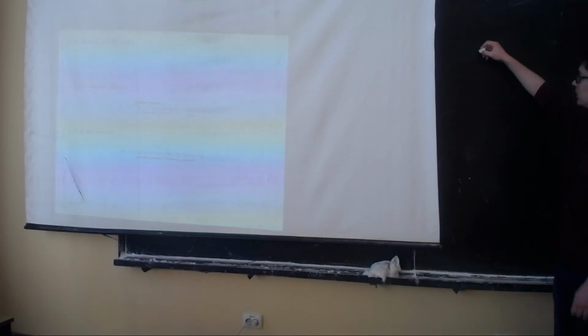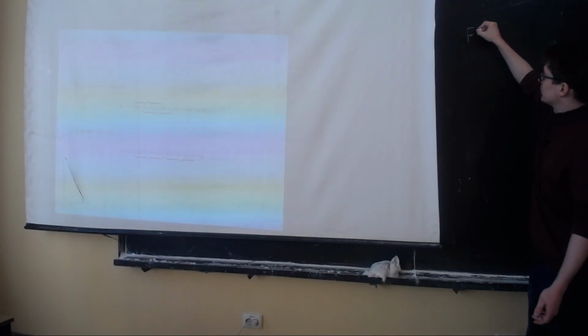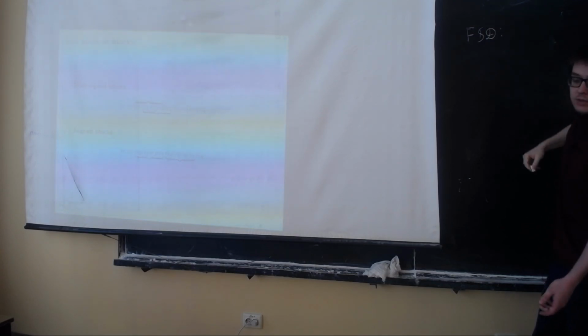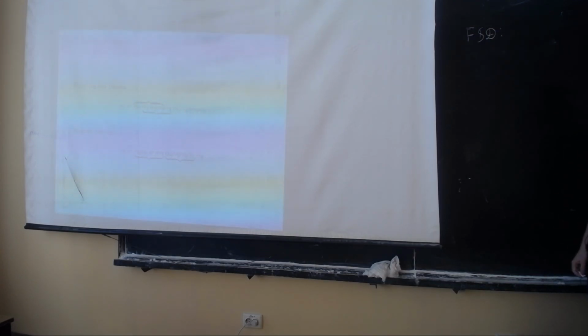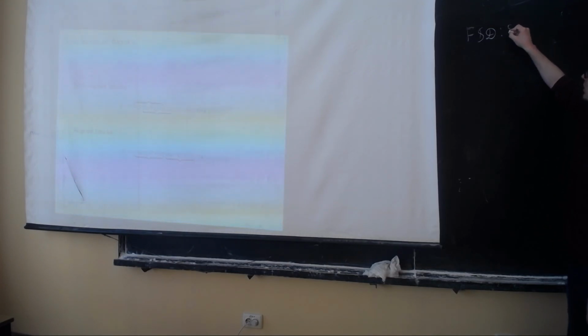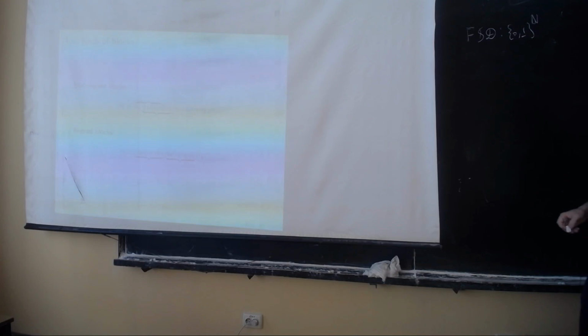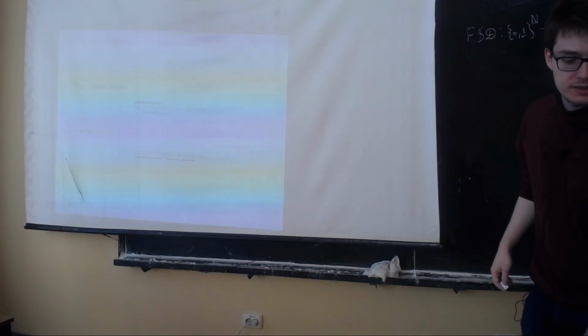Finite state dimension can be considered as a function which maps to each infinite sequence of zeros and ones a real number from 0 to 1. And there are several ways to define this.